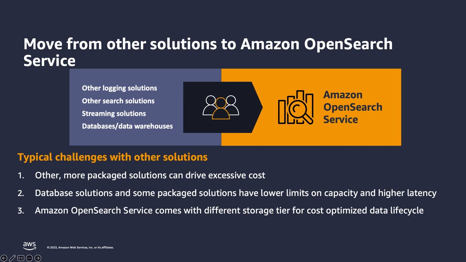And the third challenge with other solutions is the lack of different storage tiers. In Amazon OpenSearch Service, customers can leverage different storage tiers for a cost optimized data lifecycle. This is typically used in a log analytics use case.